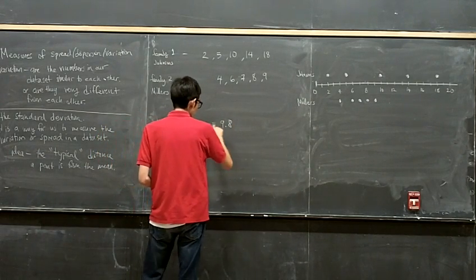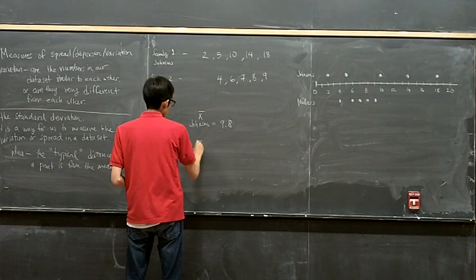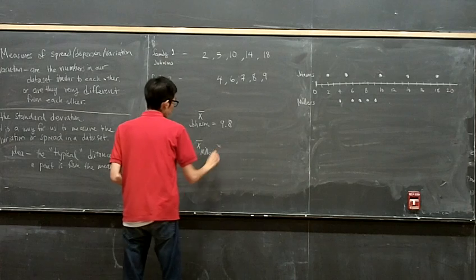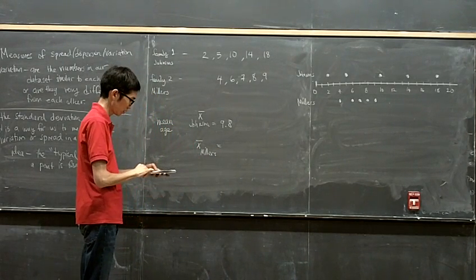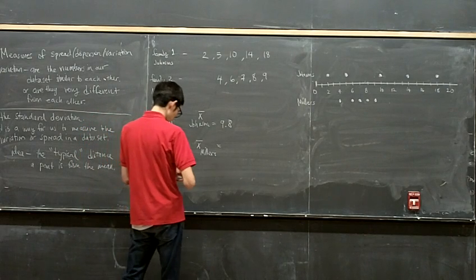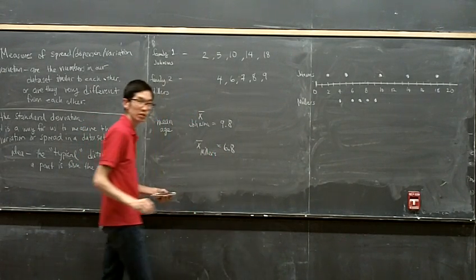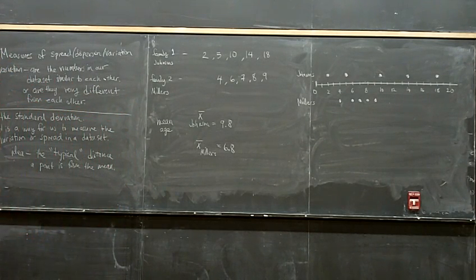So this is X bar for the Johnsons. Okay, and X bar for the Millers. So far, so good?